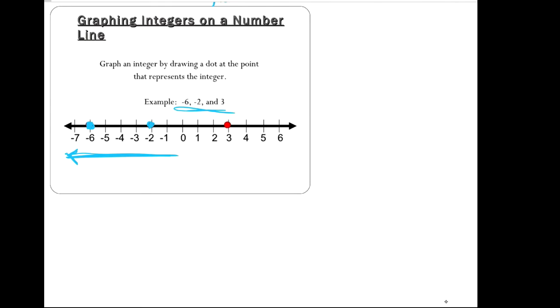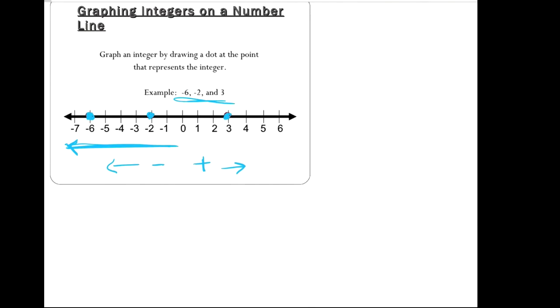And then when we want just 3, hopefully we know how to graph just 3. It's over there to the right of 0. So positive numbers here are to the right of 0, and negative numbers here are to the left of 0. So we want to practice writing this any chance that we can. And I'm going to give you some more examples here.